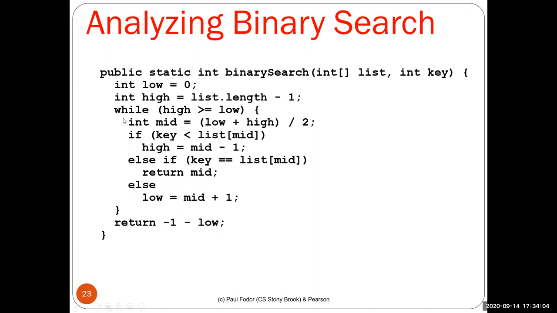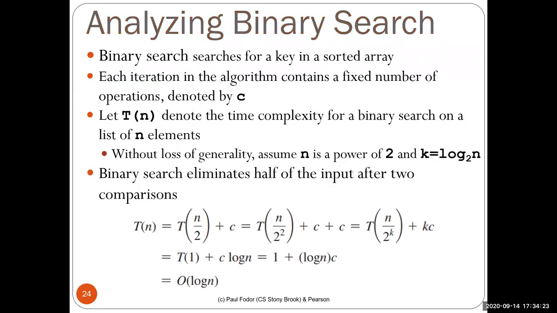In the next step, you get rid of, again, half of the elements that are left in the search space. And in the next step, again, we'll get rid of half of the elements in the search space, and so on. The moment that you find the element, you return it. So the algorithm for binary search is you're looking for a key in a sorted array.